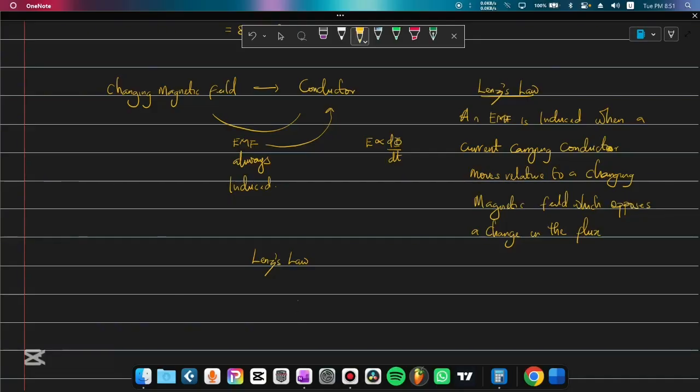Let me try and visualize it for you. Let's say I have a coil of wire. Let me draw a bar magnet. Let's say this is a bar magnet. Please forgive my drawing. I just want you to be able to understand Lenz's law perfectly.